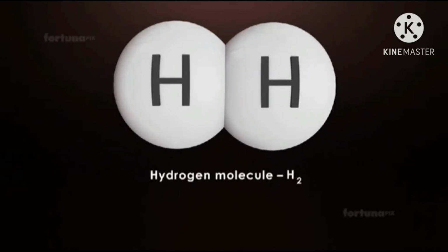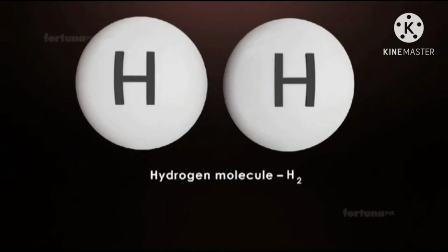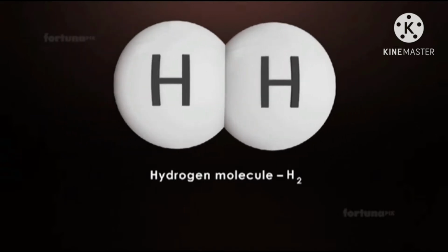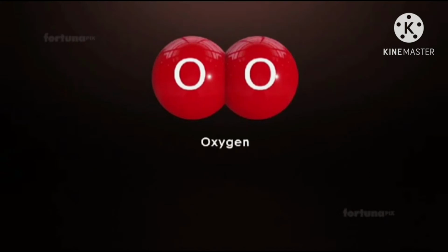In the hydrogen molecule, the formula is H2. That means here H represents the element hydrogen and 2 represents the number of atoms present in the hydrogen molecule. That means the atomicity of hydrogen is 2.